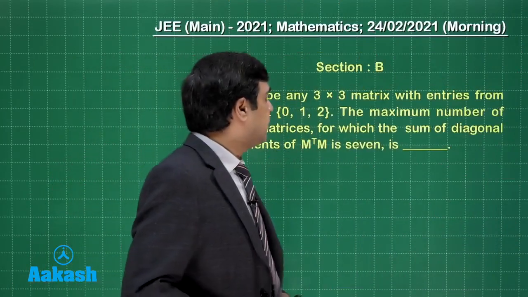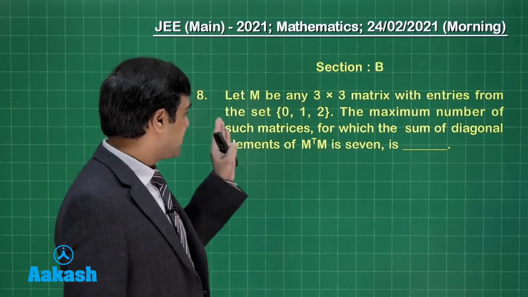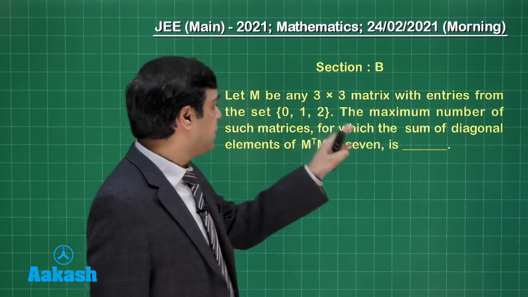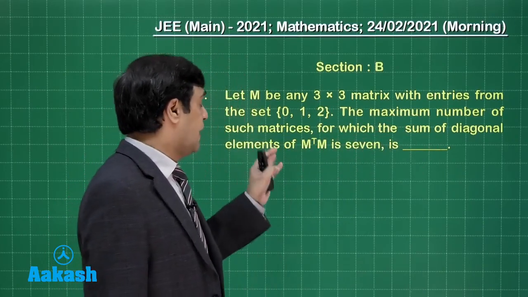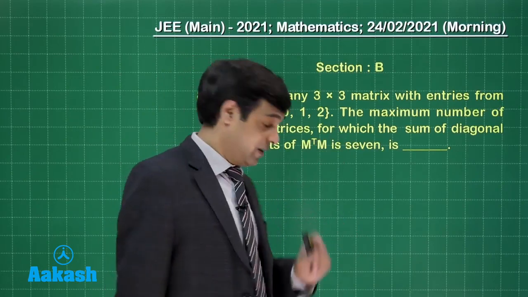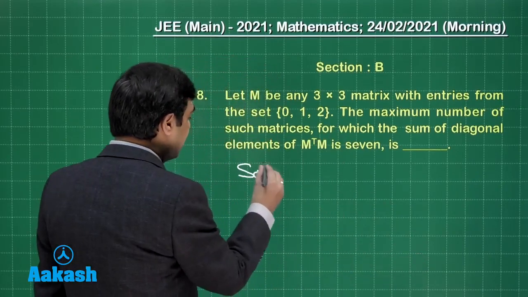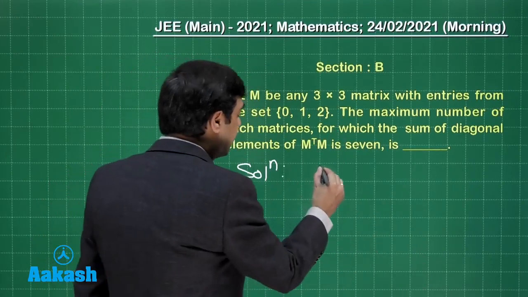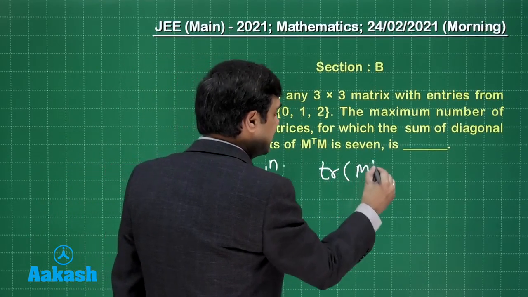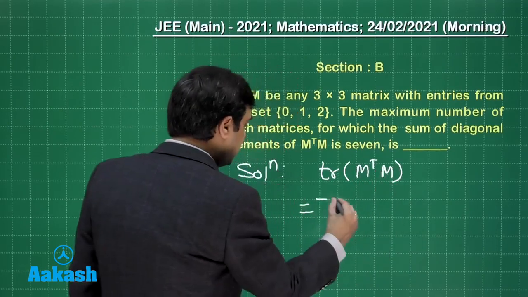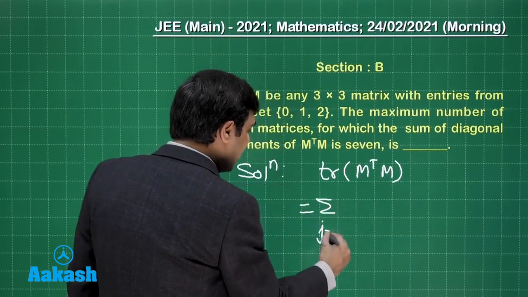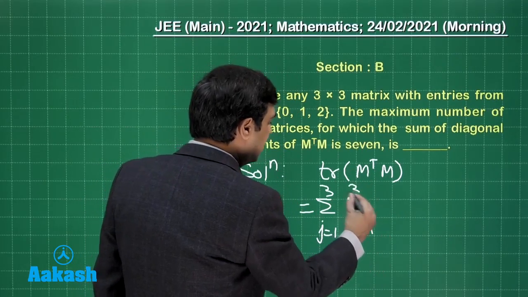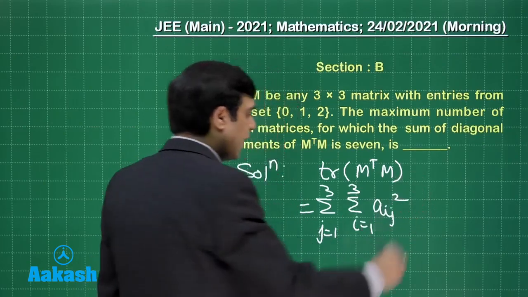Let M be any 3 by 3 matrix with entries from the set 0, 1, 2. The maximum number of such matrices for which the sum of diagonal elements of M transpose M is 7. Now, when you talk about the diagonal elements of M transpose M, obviously you can write this term as trace of M transpose M, and this is equal to summation j equals 1 to 3, summation i equals 1 to 3, a_ij square.